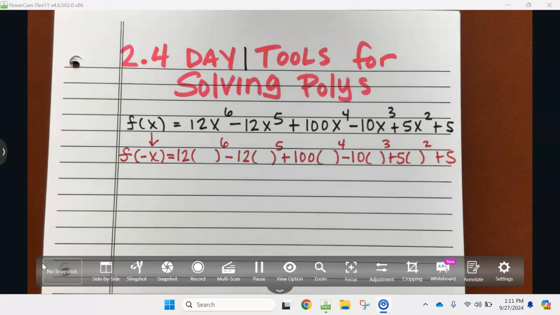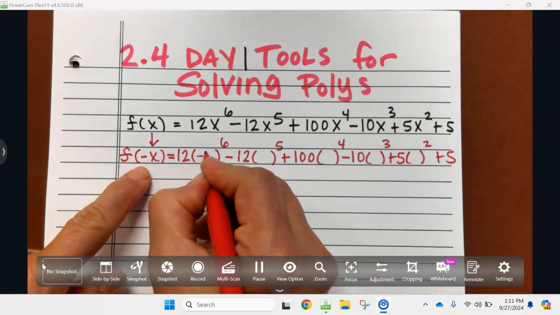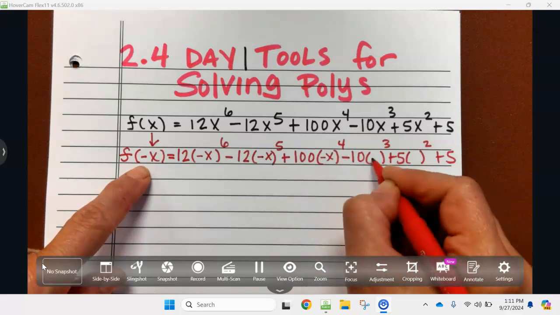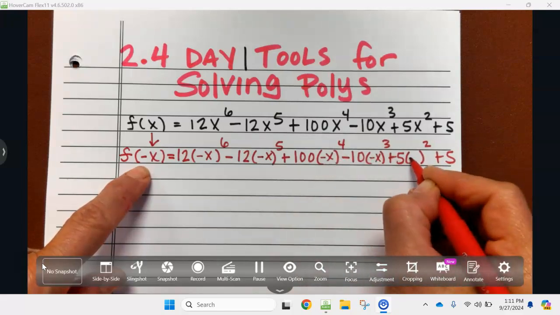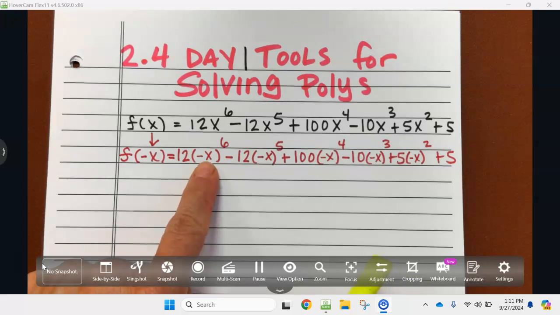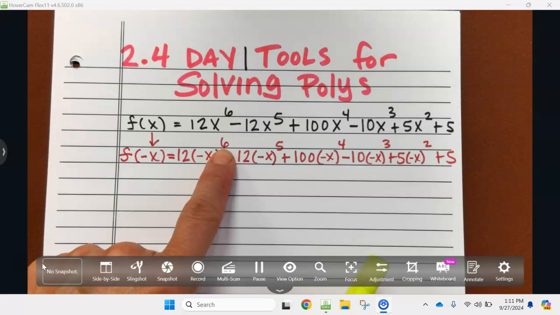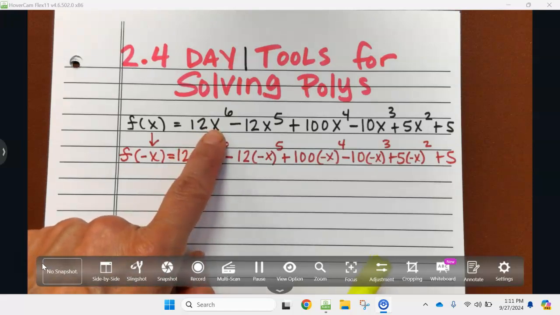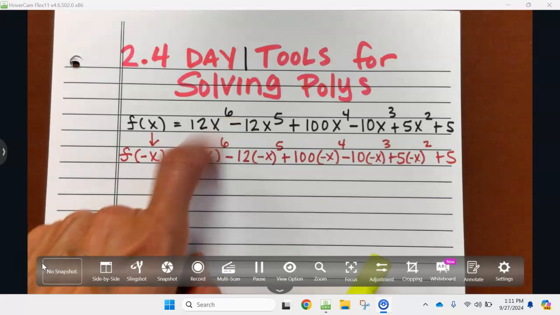All right, so let me put in negative x for all of these substitutions. And then here's what you need to remember moving forward. A negative number raised to an even exponent will be the same exact answer as a positive number raised to an even exponent.